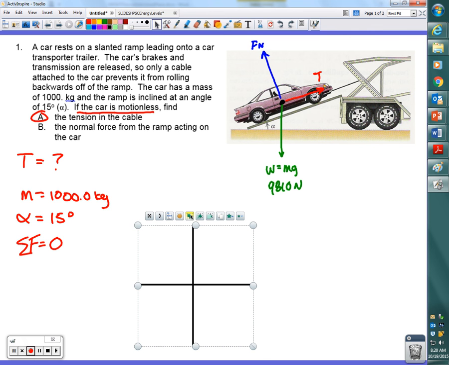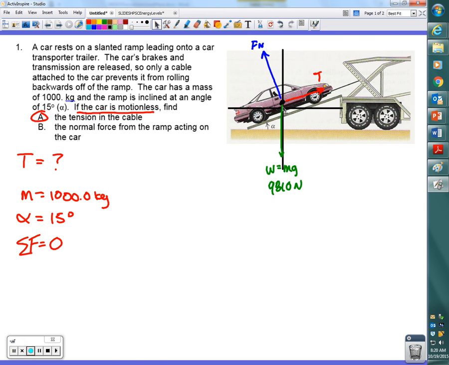And there we go. Okay. So here, I'm going to slide this up and put it right there in our drawing. There's our x-axis, there's our y-axis.